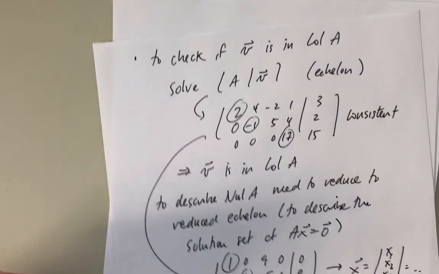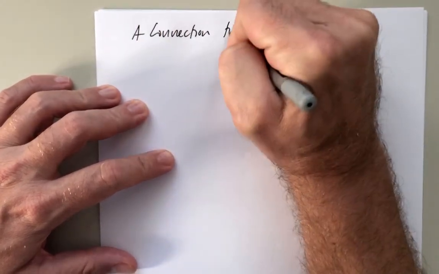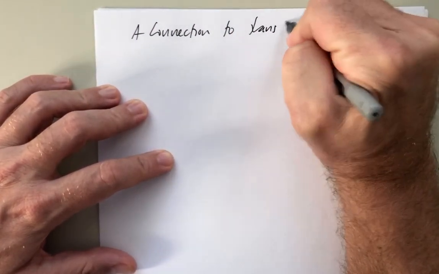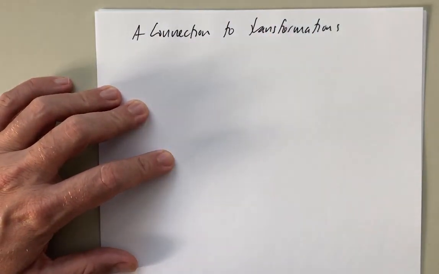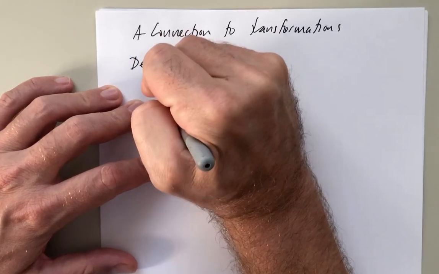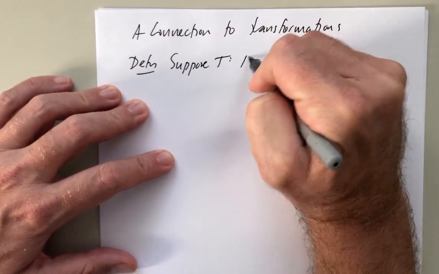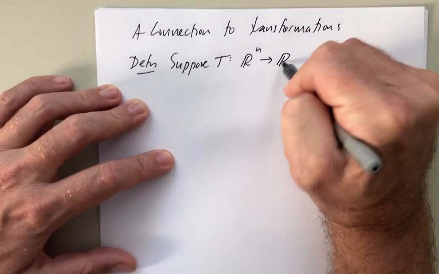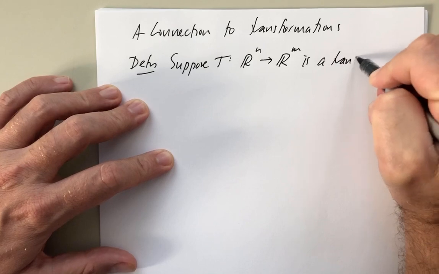The last thing I want to do in this lecture is talk about how this stuff relates to transformations. So, a connection to transformations. Let me give you a definition. Suppose we have a transformation that eats vectors in R^n and spits them out in R^m, as usual.